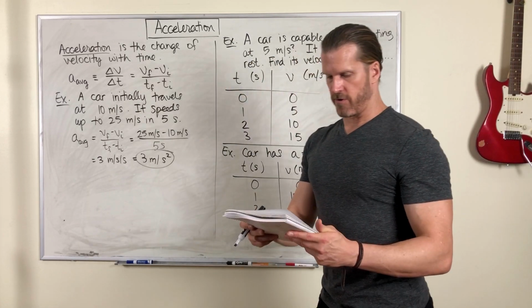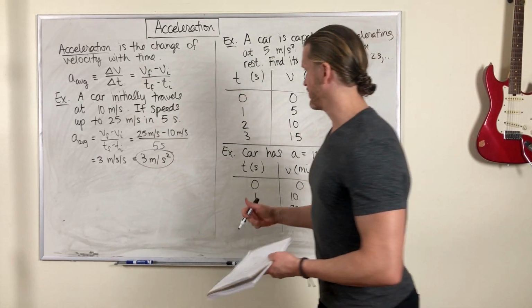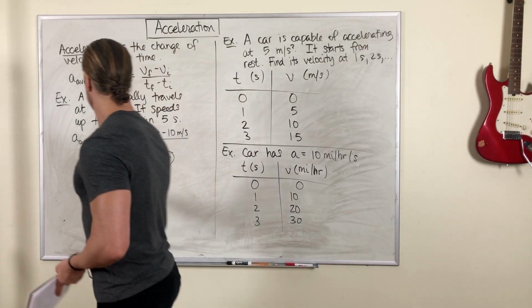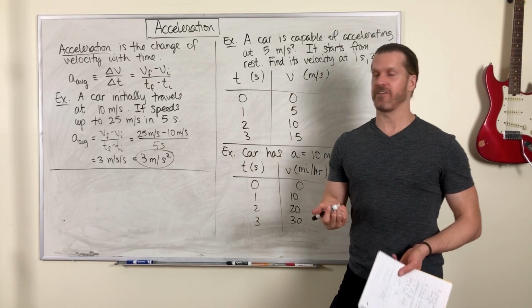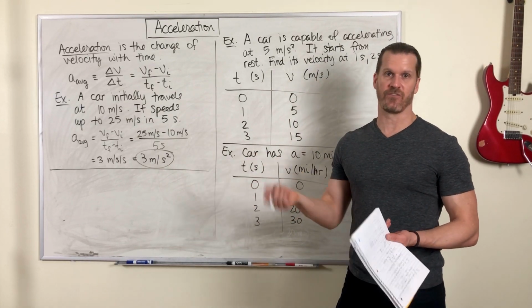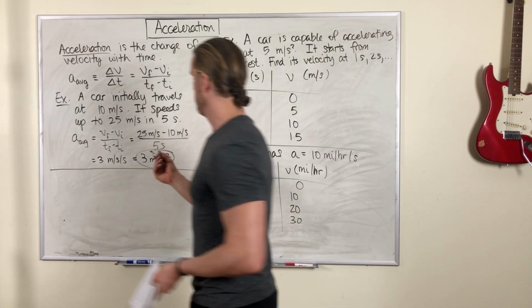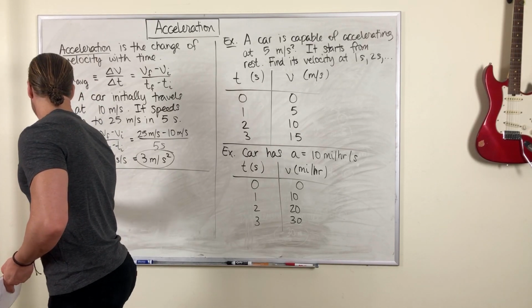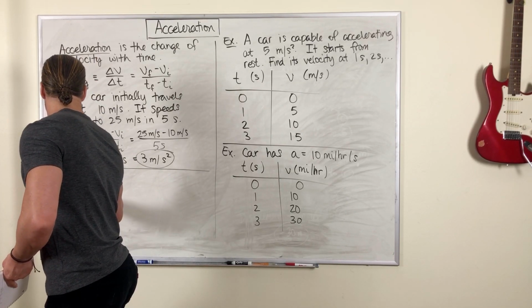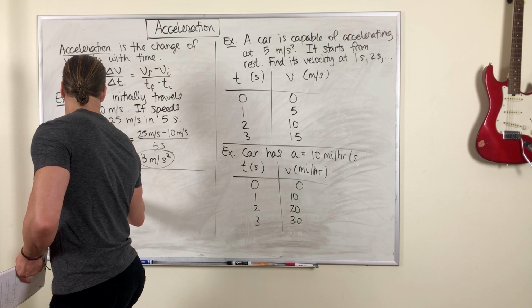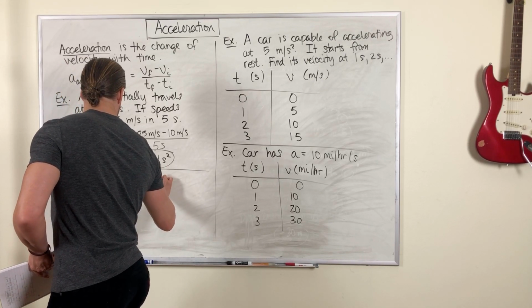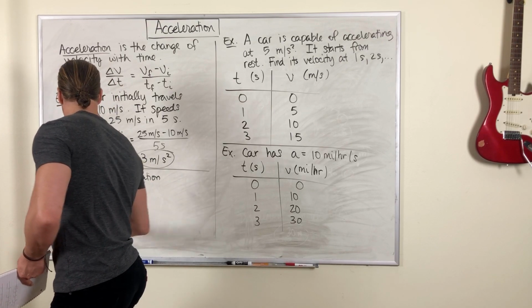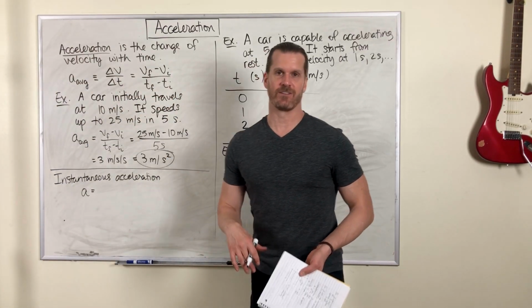Okay, a few more things to tell you about acceleration. As with velocity, there's an average version and there's an instantaneous version. So instantaneous acceleration is the acceleration that's happening right now.